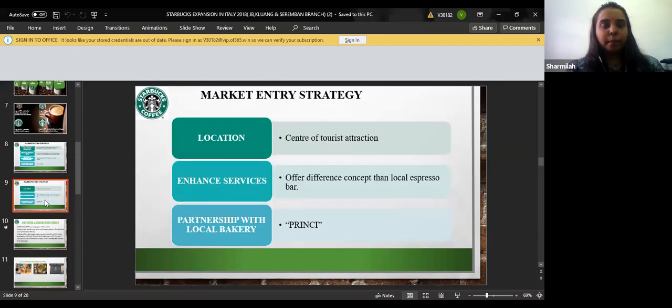So the partnership with this bakery serves local favorite foods like pizza and bread that Italians like. So it's coffee, but also favorite foods. Yeah, with the next slide.